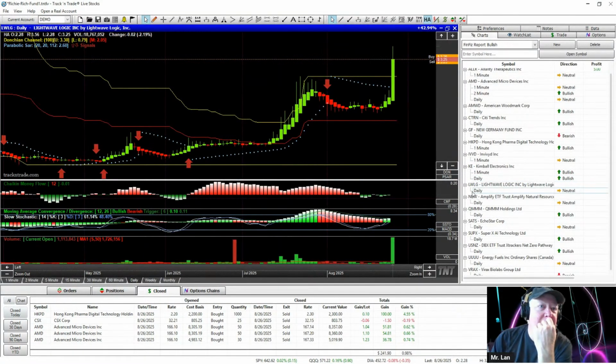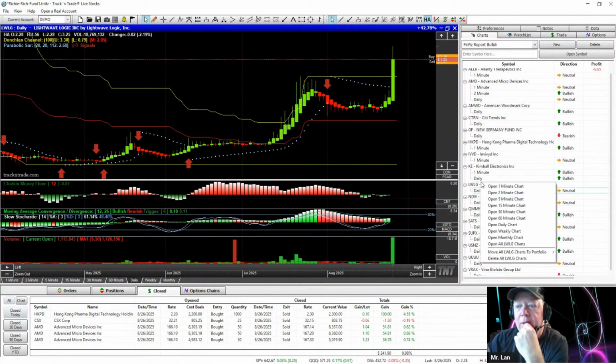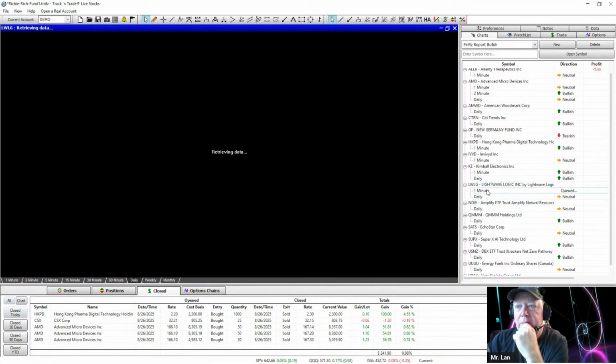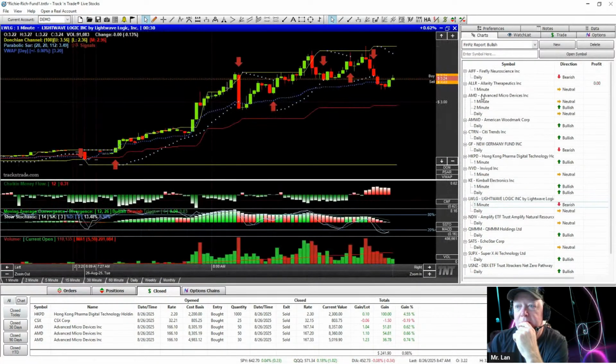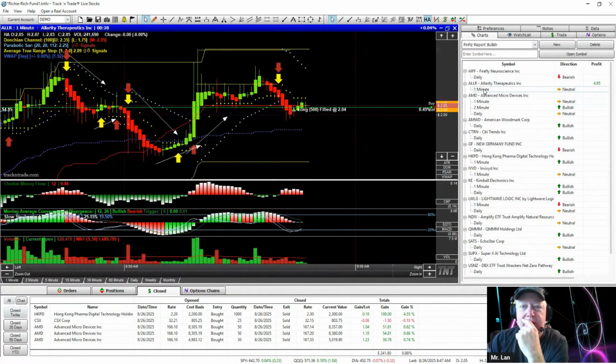Ooh, look at that. Lightwave Logic. $3 stock. 1 minute. What do we got going up here? This thing's hanging out at the, looks like we got entered on the first green candle to break a new high, but it's not taking off and going as happy as I would like to see it.